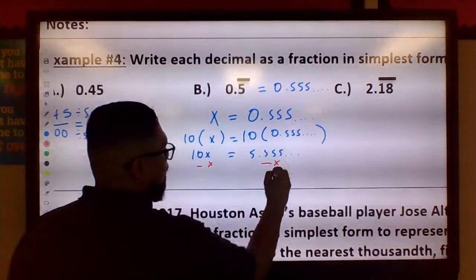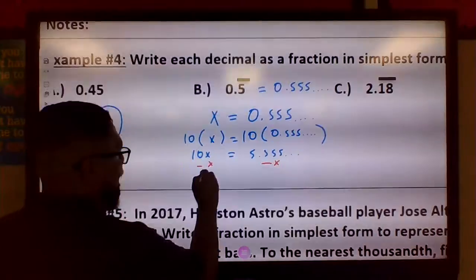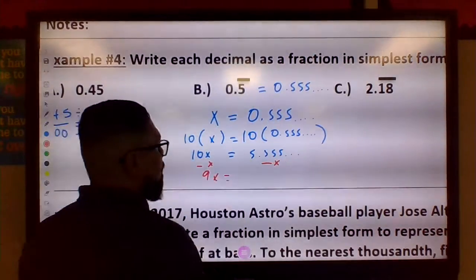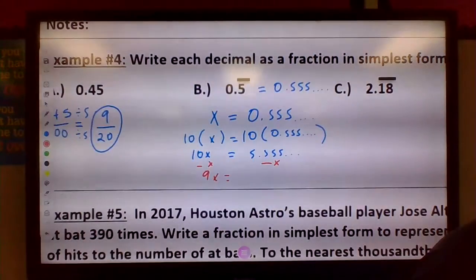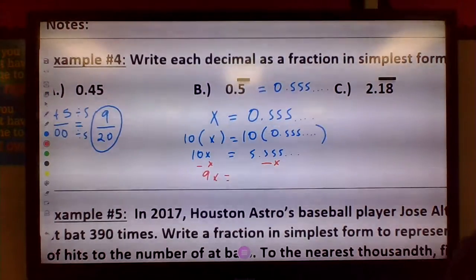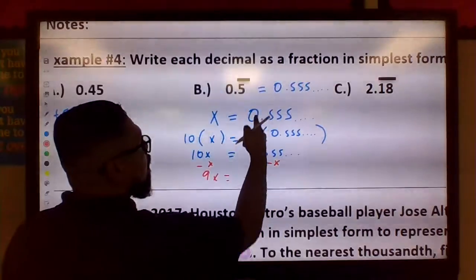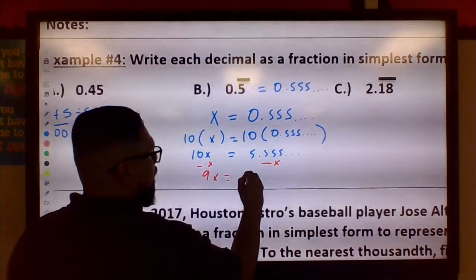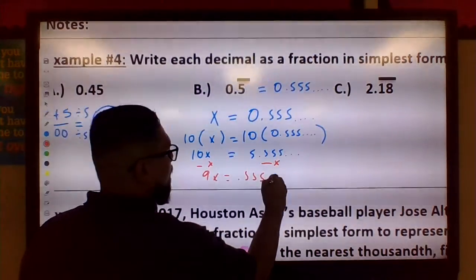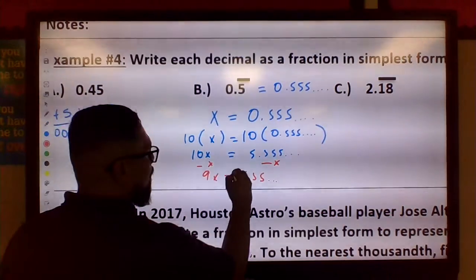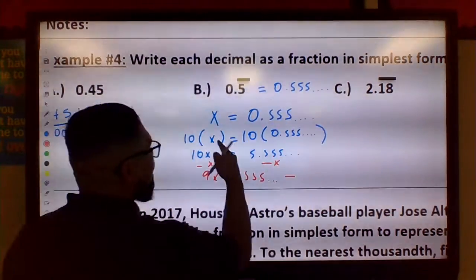subtract an x, and what you're going to get is 9x equals 5.555 minus x.